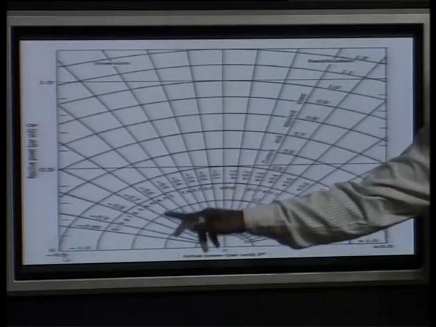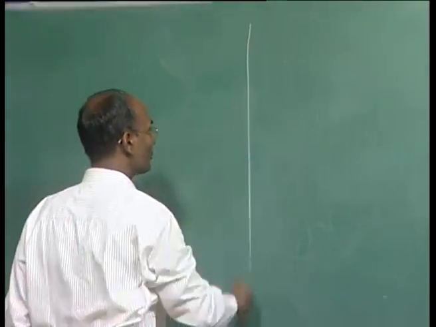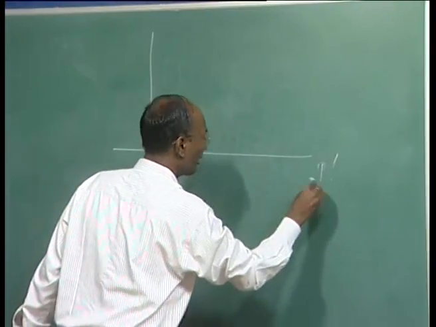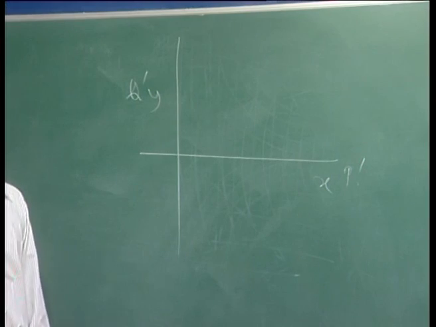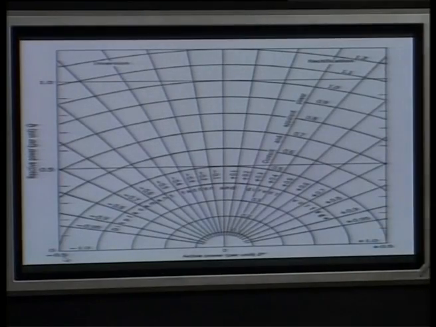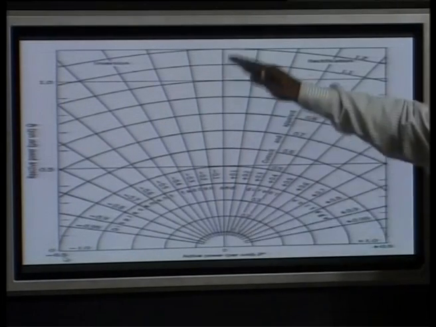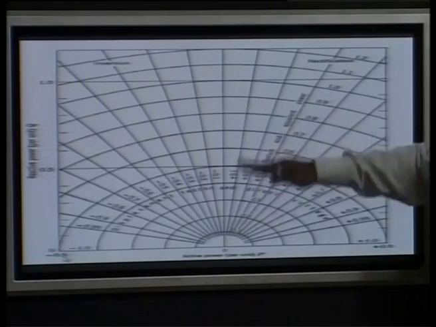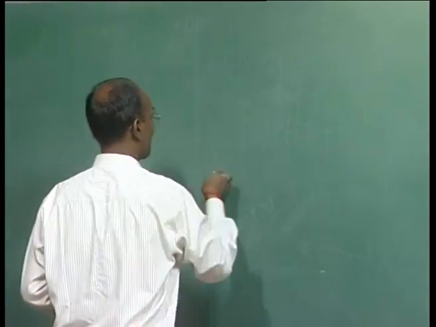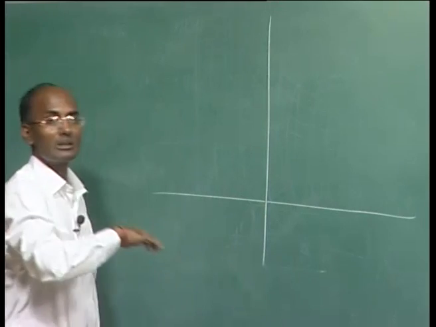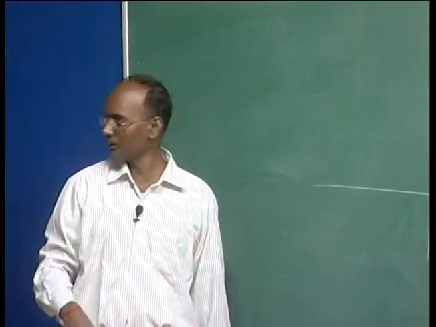Now this circle shows the apparent power, because on this axis we are drawing P prime, and here Q prime, meaning this is your X, this is your Y. P is both positive and negative, and for Q we are talking only about the positive side here, but it can also go down. P positive means it is a rectifier, that is, power flowing into the DC link, and negative means it is inverter operation.